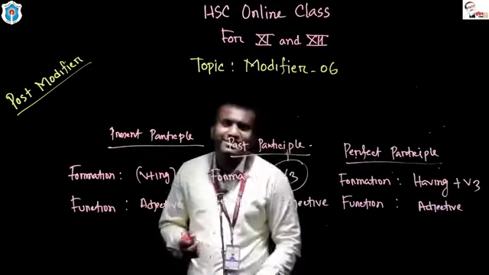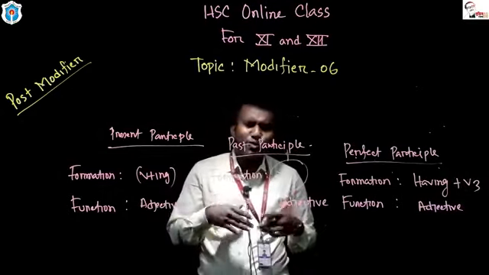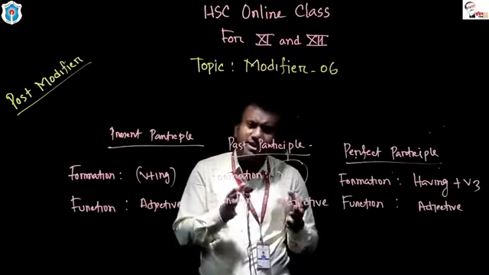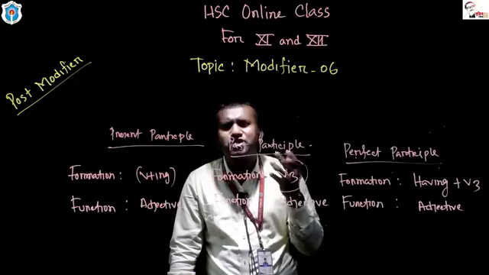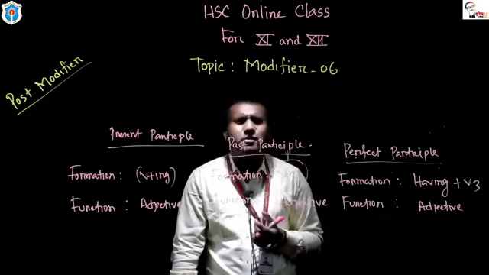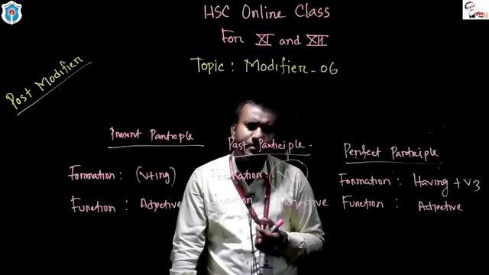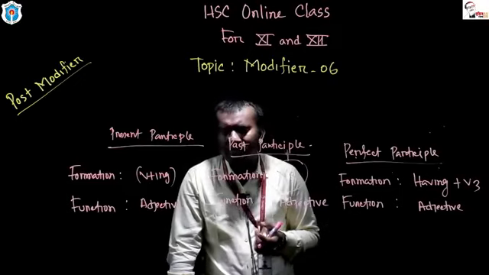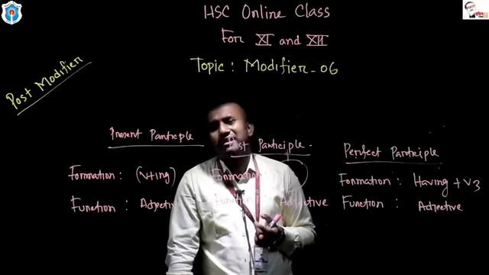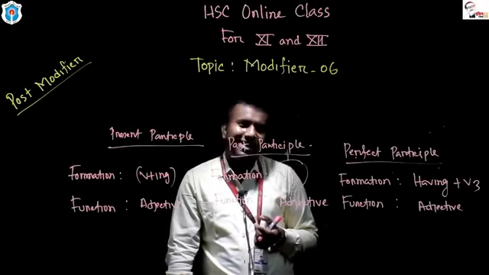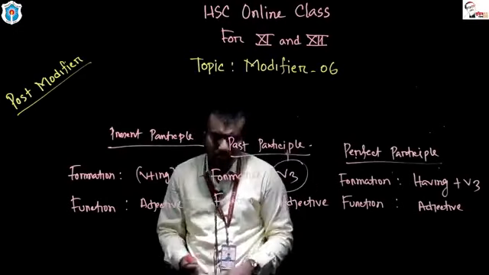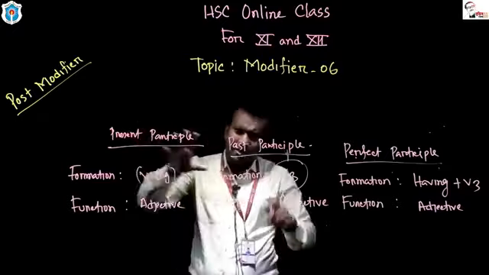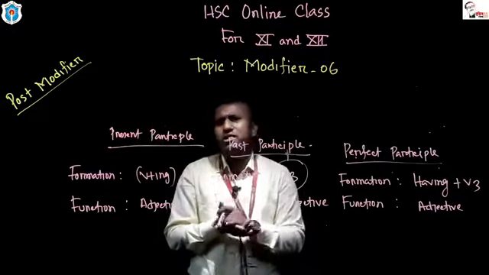So, my dear students, I think we have tried our level best to gain some knowledge regarding present participle, past participle, and perfect participle. You have tried your level best, and I have given my level best, and luckily we have been able to learn something. So we have learned infinitive, we have got participle.